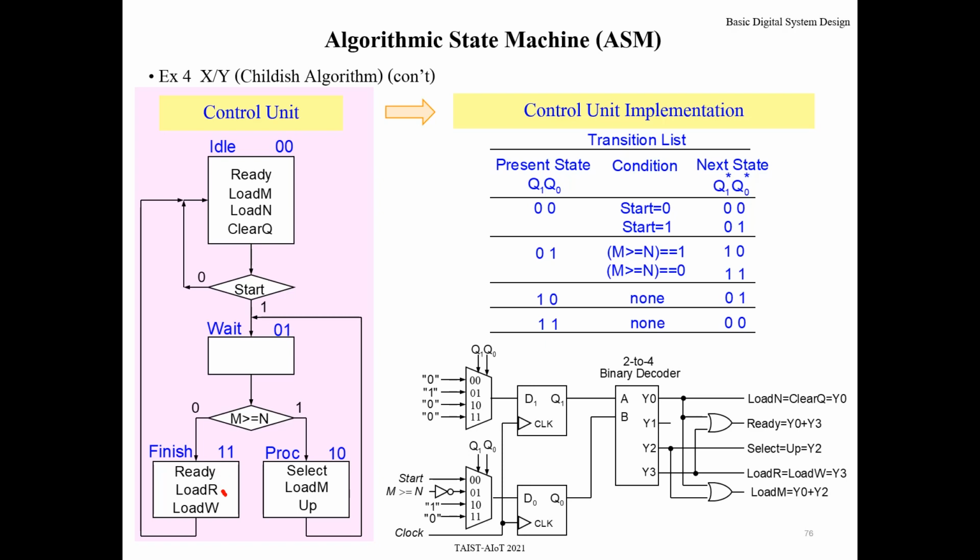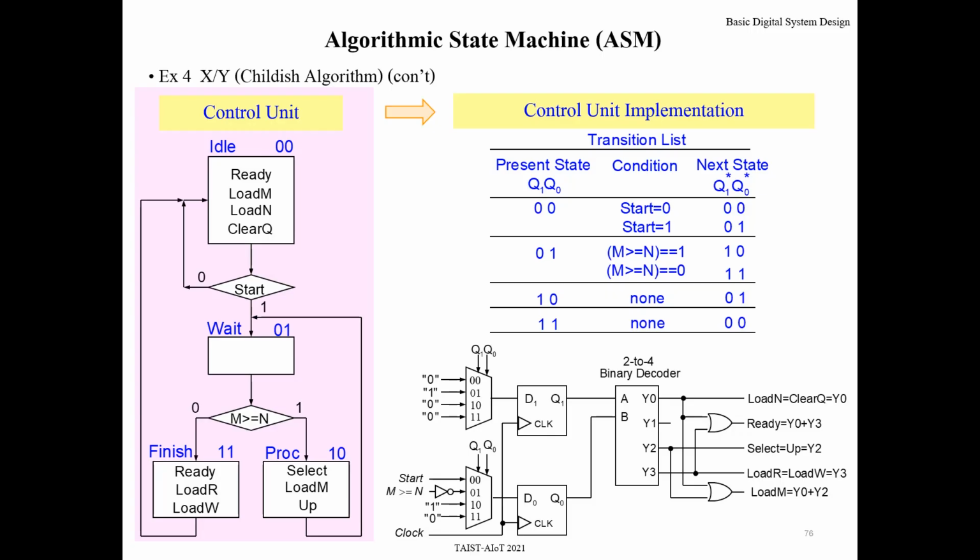And load R and load W will be active only at state 1 1. When Q1 Q0 is 1 1, Y3 is active. So you can use this Y3 as load R and load W. That's all for today's lecture.